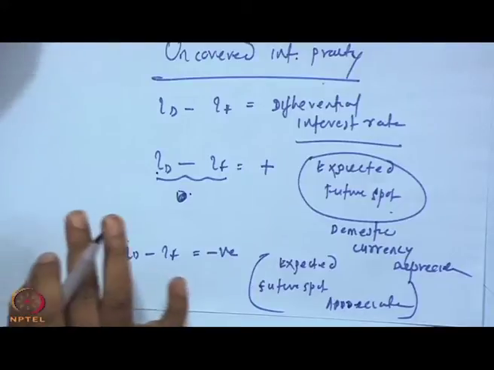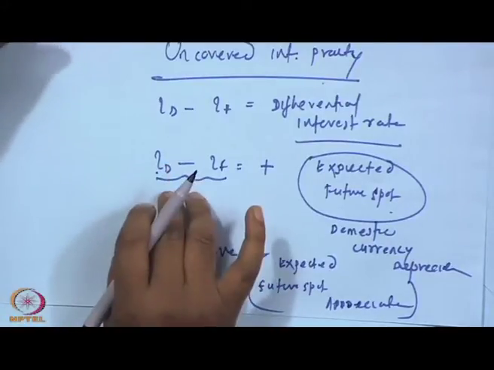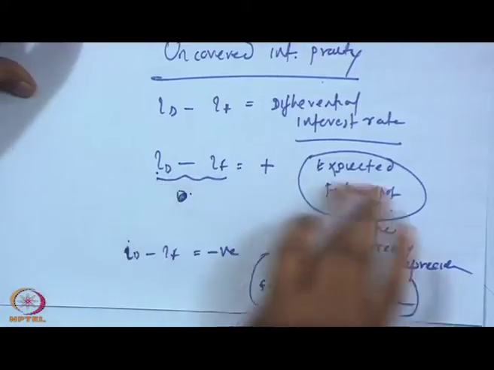The trader will take a position in such a way that if interest rate differential is positive, rupee will depreciate. If the interest rate differential between domestic and foreign is negative, the trader will take a position in the foreign exchange market to enjoy the appreciation of rupee.